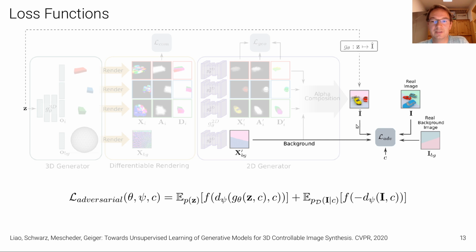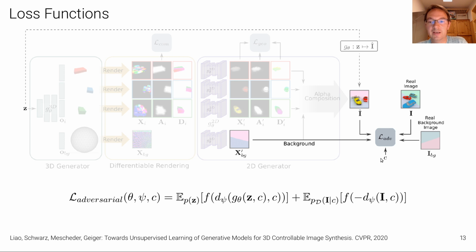However, we notice that if we just have this upper part here, the model doesn't work as well because there's an ambiguity. It sometimes happens that the foreground object is merged into the background, because the background can well represent also the foreground object. In order to prevent this, we also created not only a real image dataset, but a real background dataset by removing the foreground objects and just rendering the background.